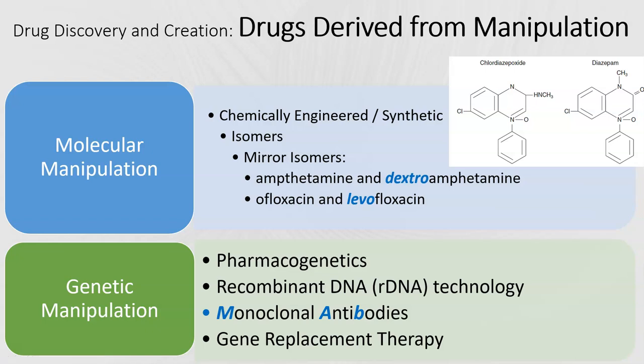Now, when we get down to the genetics, now we're getting into pharmacogenetics. This is where we've really come out in the last 30 years, manipulating the way the genes are and what we're making. So pharmacogenetics is the knowledge of how the genetic makeup of different people affects their response to the drug. People do respond differently.